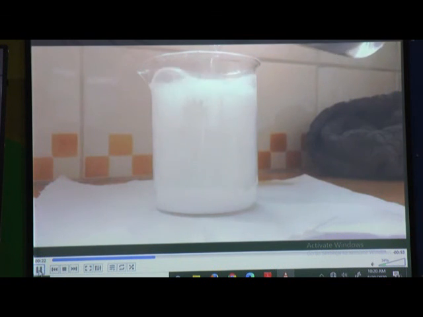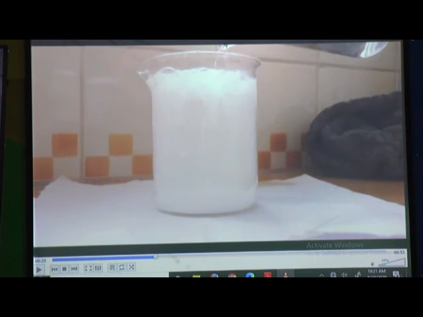So you can see how bubbles are coming out. These bubbles are nothing but carbon dioxide in the form of bubbles. After adding vinegar into baking soda, carbon dioxide is produced and also other substances are produced in this reaction. So this is activity number 6.8.